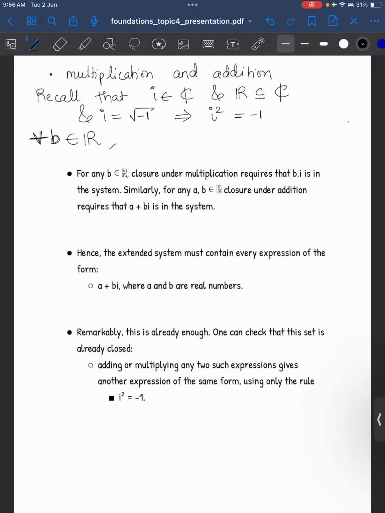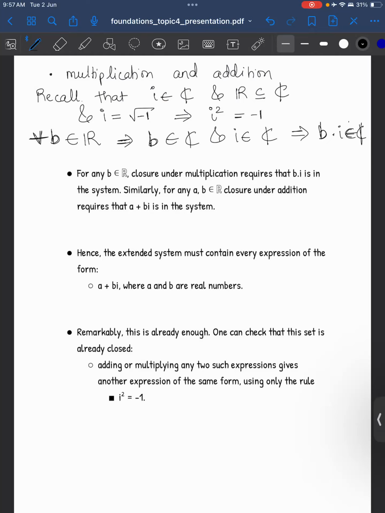We know that since the real numbers are a subset of this set C that we want to construct, b also belongs to this set C and i belongs to this set C, which implies that b dot i also needs to belong to the set C because we want closure under multiplication. So if you multiply b and i, we want that bi also belongs to this extended number system C that we want to construct.